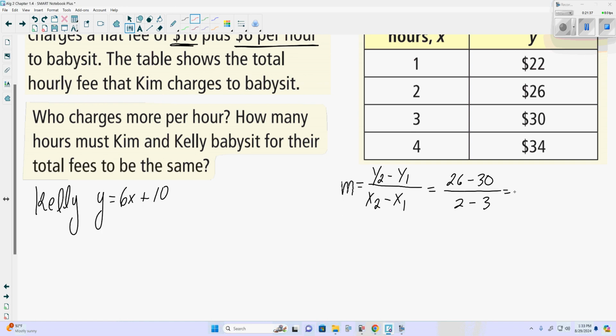Now at this point, we can do this by hand or we can do it in a calculator. Either way, we'll still get the same answer. 26 minus 30 would be -4. 2 minus 3 is -1. And -4 divided by -1 is +4. So our slope, the amount that Kim charges per hour, is $4.